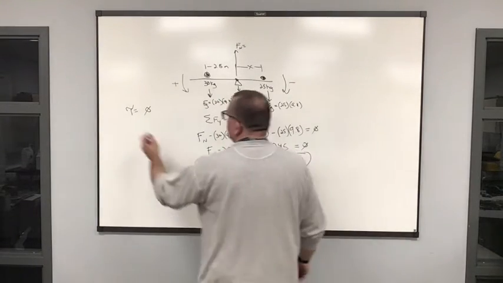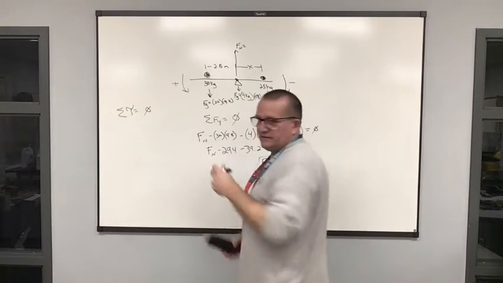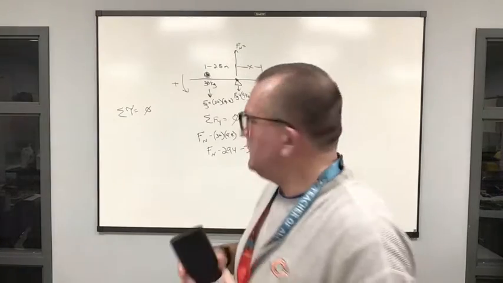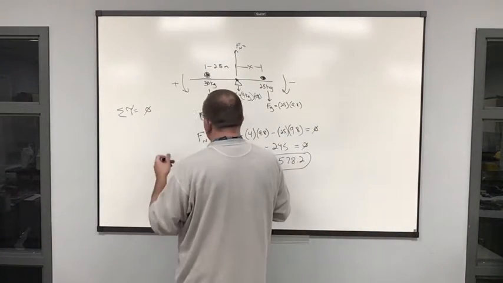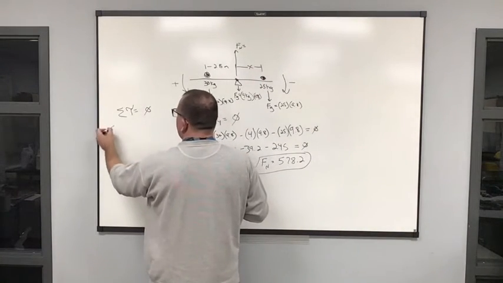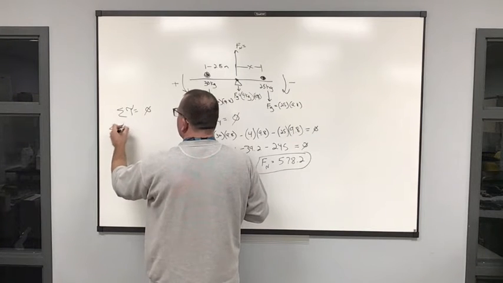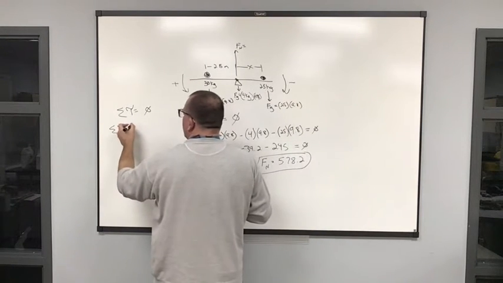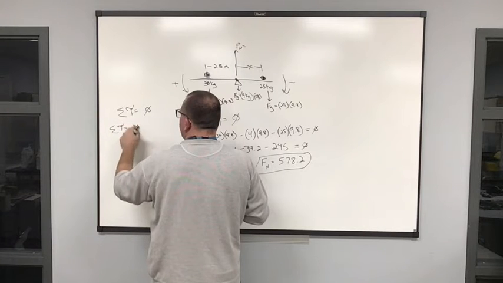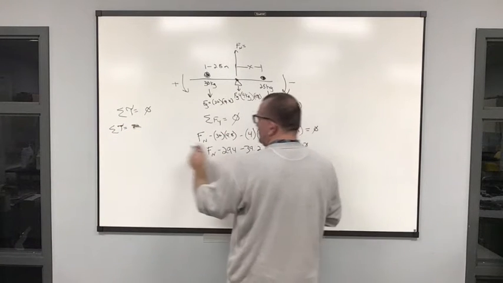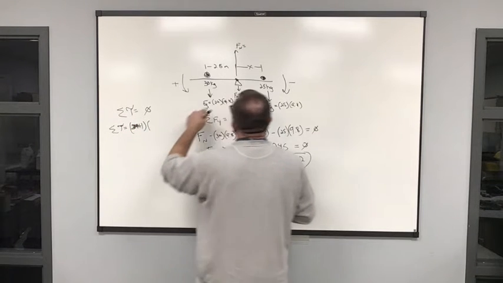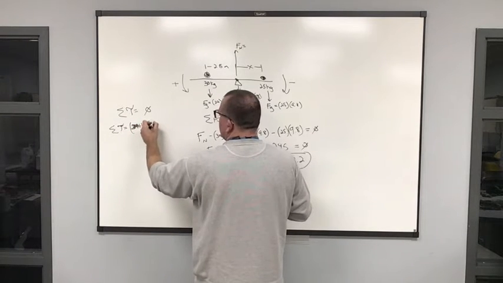So I have my kid that I know the mass of, right? The 30 kilogram kid. And I know that my net torque for him, since he's going to go down, is going to be positive. So his force of gravity is going to be 294 times his distance, which is 2.5.